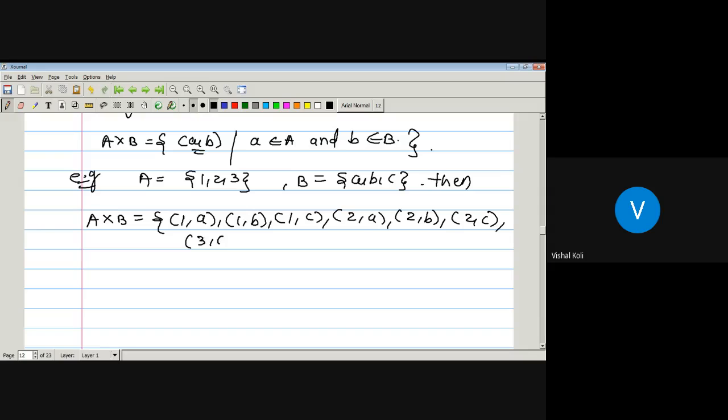Similarly, (3, a), (3, b), and (3, c). So these are the only possible ordered pairs from set A to set B. Okay. Any doubt?